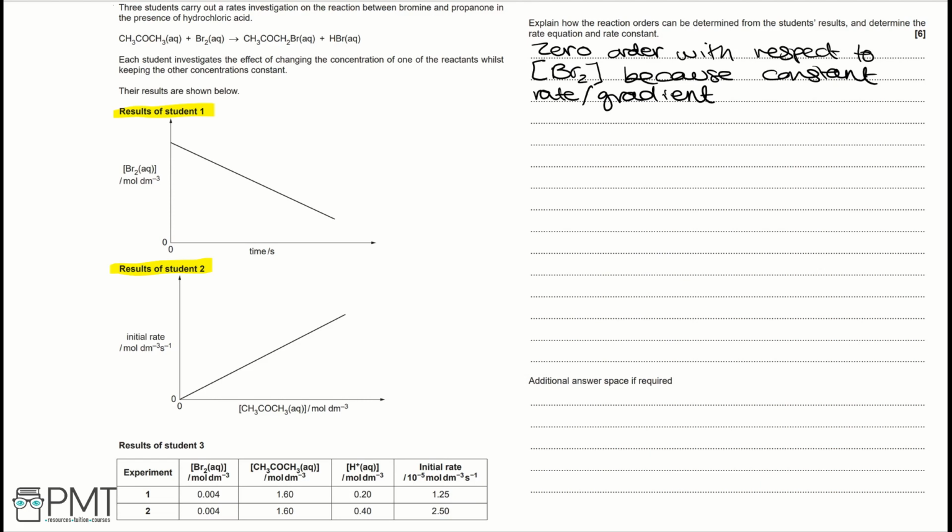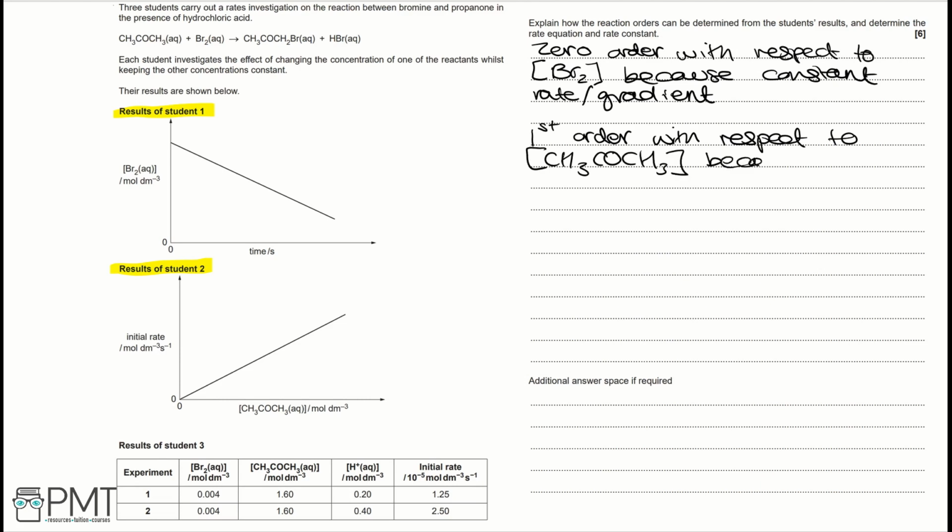Looking at the graph, we've got initial rate. As that increases, the concentration of CH3COCH3 also increases. And so that means we're going to have a first order with respect to the concentration of CH3COCH3.